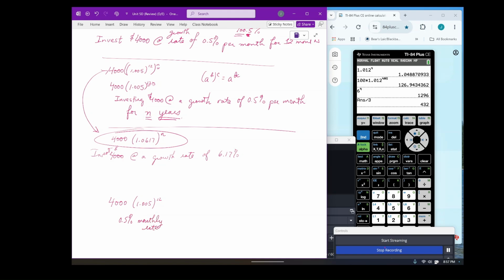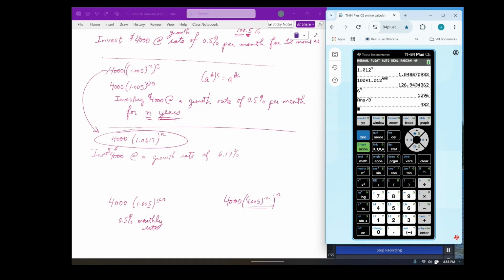Okay, well, if I could write it as 4,000 times something to the 12n, n is now years, but it's still a 0.5% monthly rate there. So if I could write it like this, 1.005 to the 12th, which I can, this thing is going to be somehow related to the yearly rate now. So let me type that in over here.